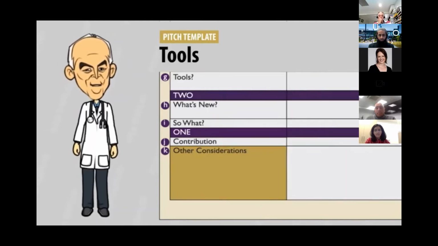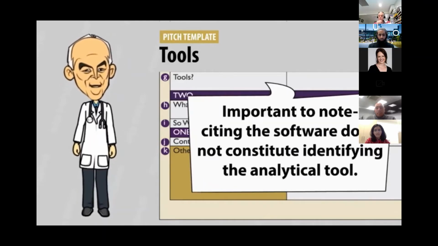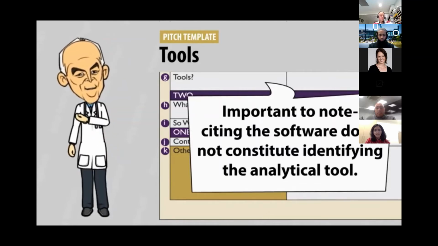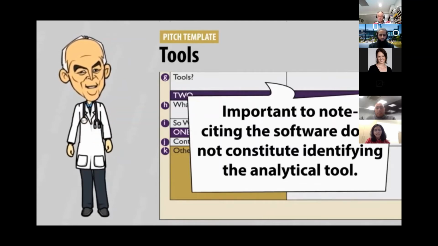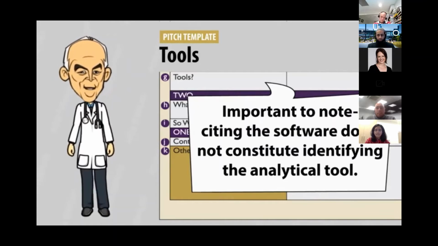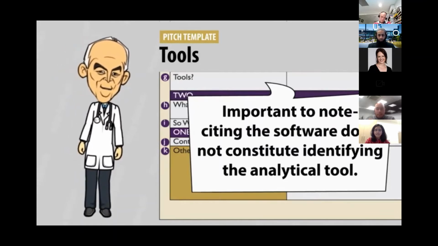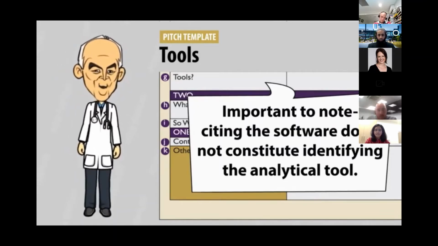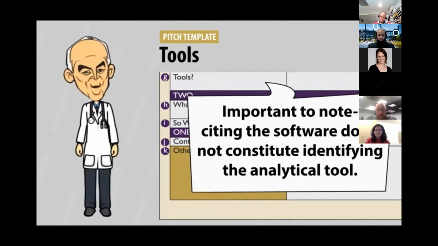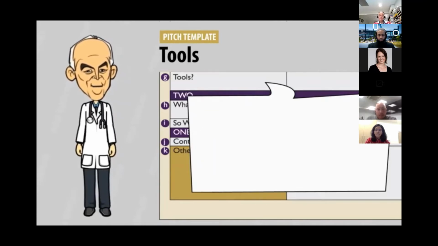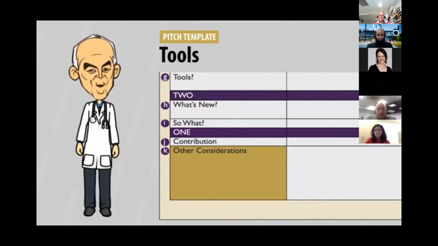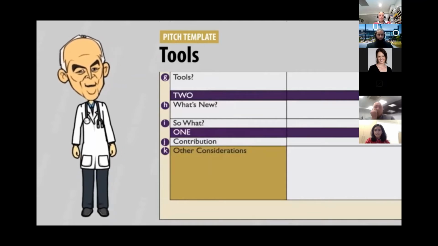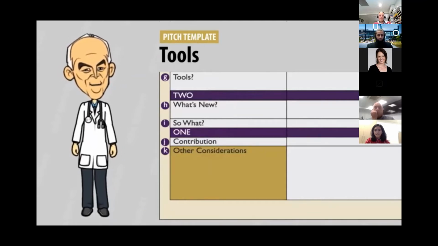It is important to note that simply citing the software used in the study, for example SPSS, does not constitute identifying the analytical tool in any meaningful sense, since most statistical software can aid in multiple analytical methods. Papers usually describe this information in more detail in the methods section.